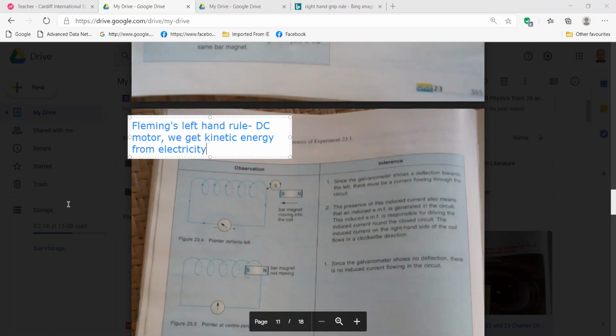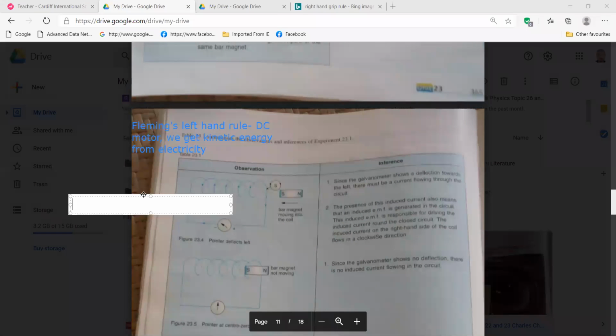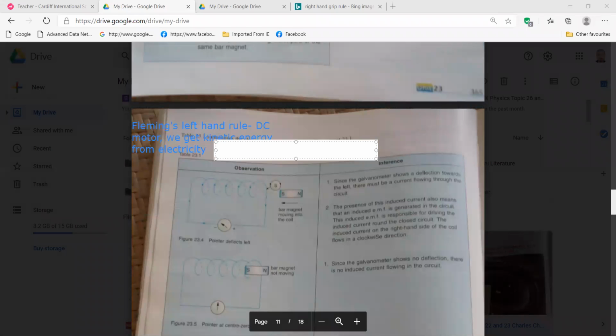And another thing you add here, like we did in electromagnetism, Topic 22.